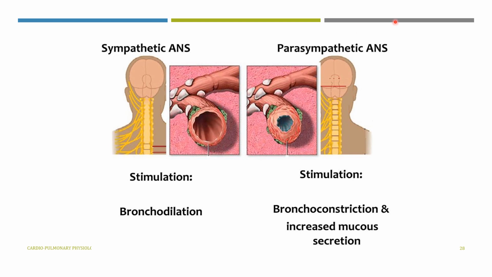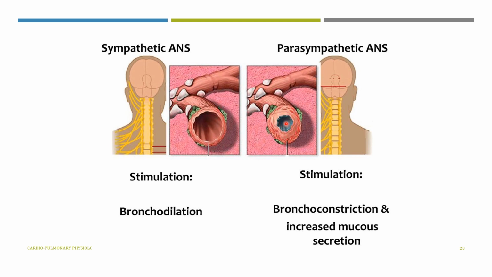Under the influence of the parasympathetic system, there occurs bronchoconstriction. So the diameter will reduce, and because of that, the airway resistance will increase.